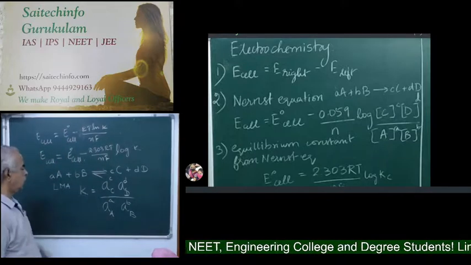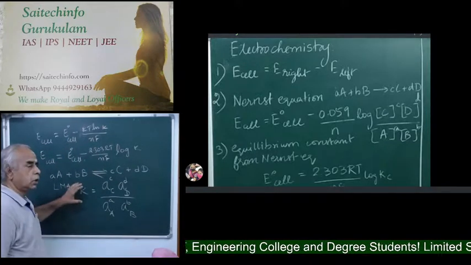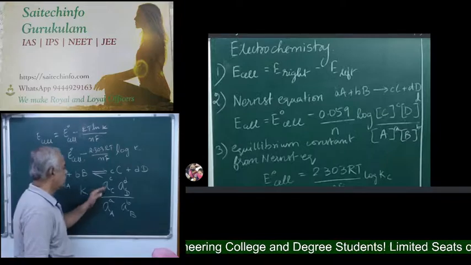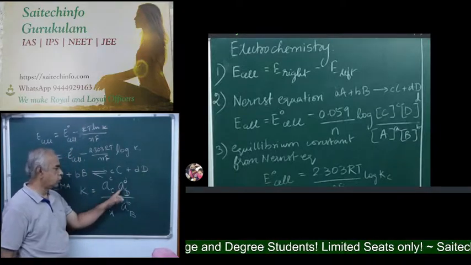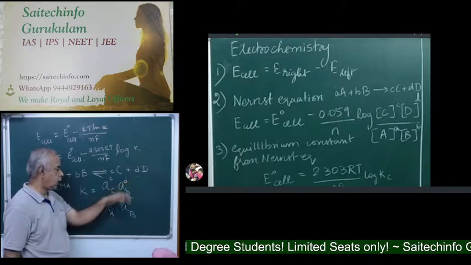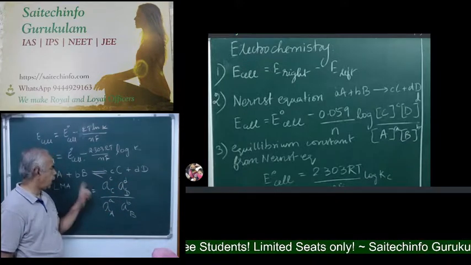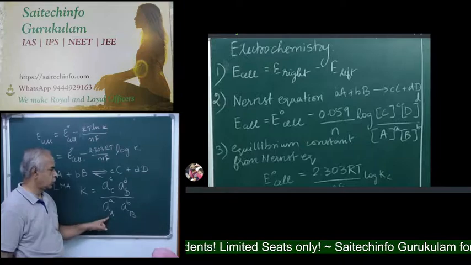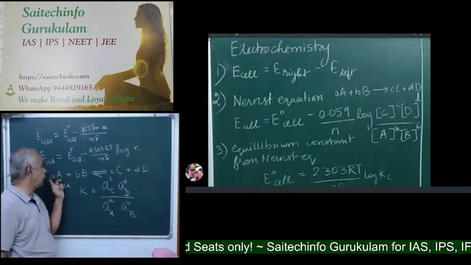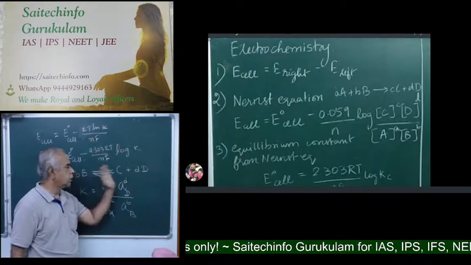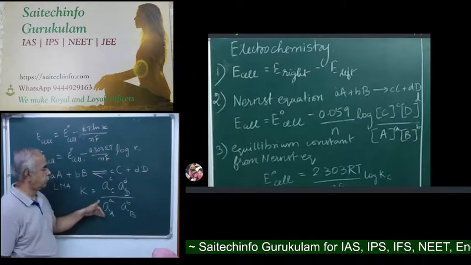So, according to the law of mass action, the equilibrium constant is the ratio between the product of the active masses of the products and the product of the active masses of the reactants. And these c, d, b, a indicate the respective molar coefficients.